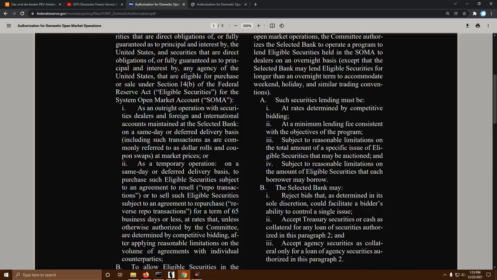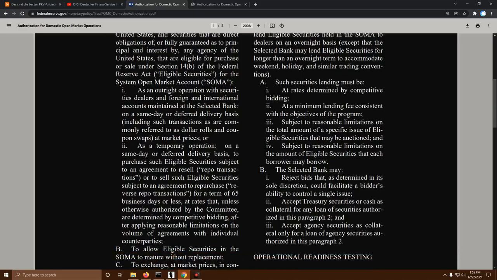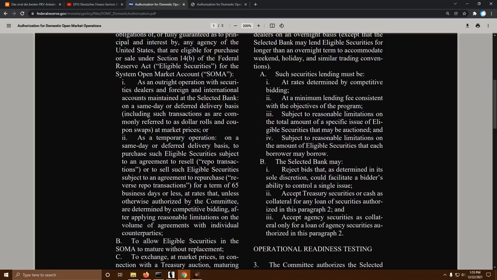As an outright operation with securities dealers and foreign and international accounts maintained at the selected bank on a same-day or deferred delivery basis, including such transactions as are commonly referred to as dollar rolls and coupon swaps at market prices, or as a temporary operation on a same-day or deferred delivery basis to purchase such eligible securities subject to an agreement to resell, or repo transactions, or to sell such eligible securities subject to an agreement to repurchase, otherwise known as reverse repo transactions, for a term of 65 business days or less, at rates that, unless otherwise authorized by the committee, are determined by competitive bidding after applying reasonable limitations on the volume of agreements with individual counterparties.